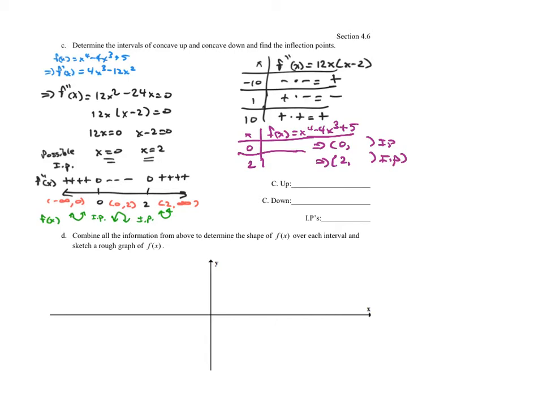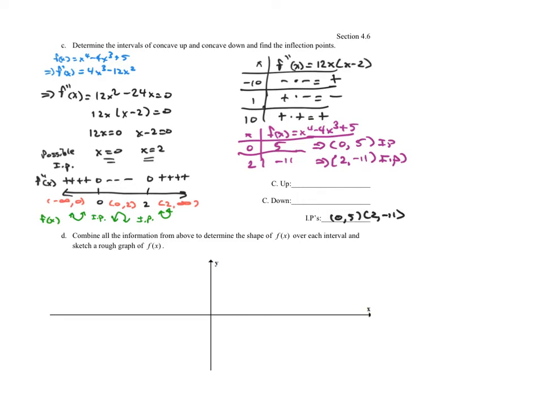Nice thing is I already have this typed into my calculator, the table feature. So I just have to hit 0 for x and I get 5. We already knew that. That was our y-intercept. I hit in 2 for x and I'm getting negative 11. So that tells me my 2 inflection points are the points (0, 5) and (2, negative 11).